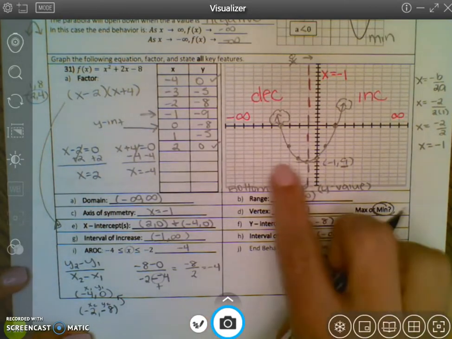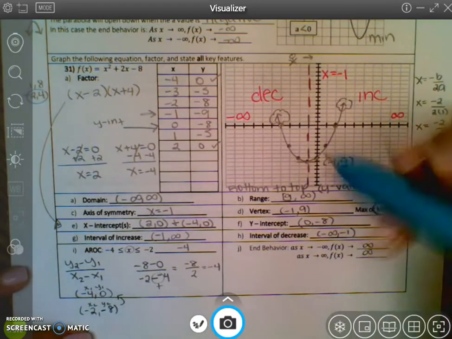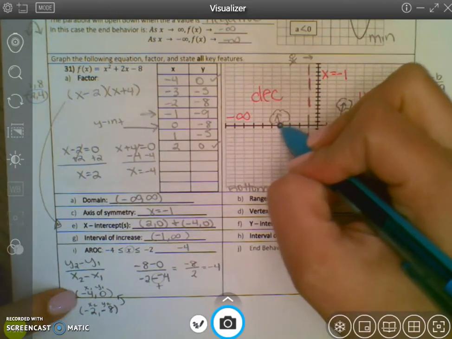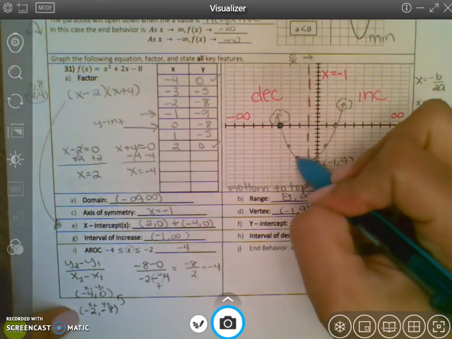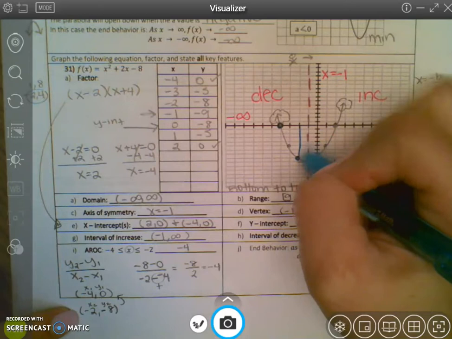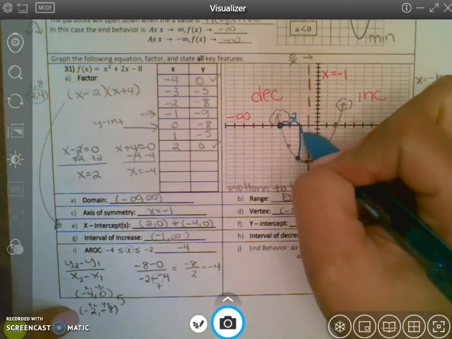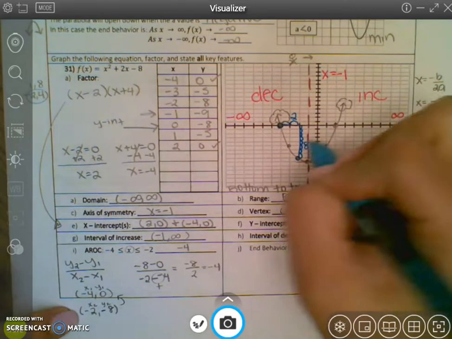Okay, you can also check on the graph if you wanted to, since we're drawing these. -4, 0 is here, and -2, -8 is here. So I could draw my triangle, and I had to go 2 over and 1, 2, 3, 4, 5, 6, 7, 8 down.